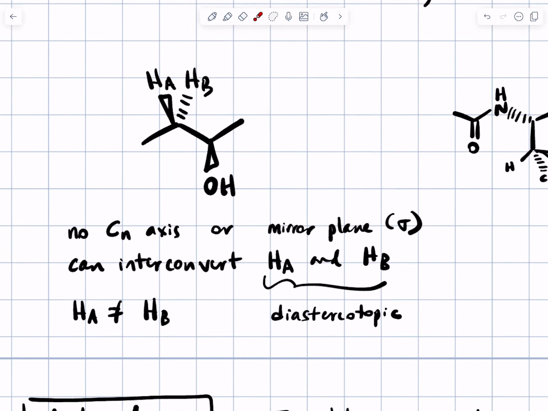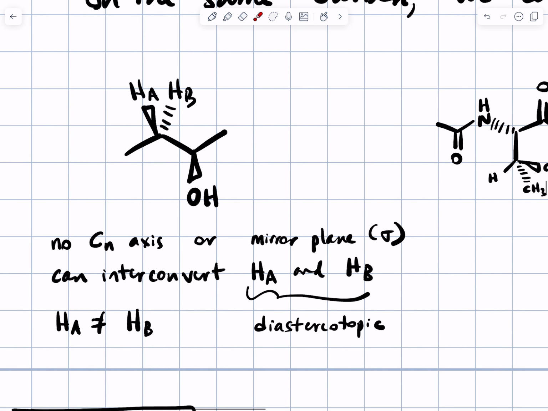Here's some examples. This molecule is 2-butanol, and it has a stereocenter, which I'll illustrate by labeling it. That's the stereocenter. Two CH2 protons in a chiral molecule are diastereotopic. There's no mirror plane that can reflect A into B because this stereocenter breaks the symmetry, right?